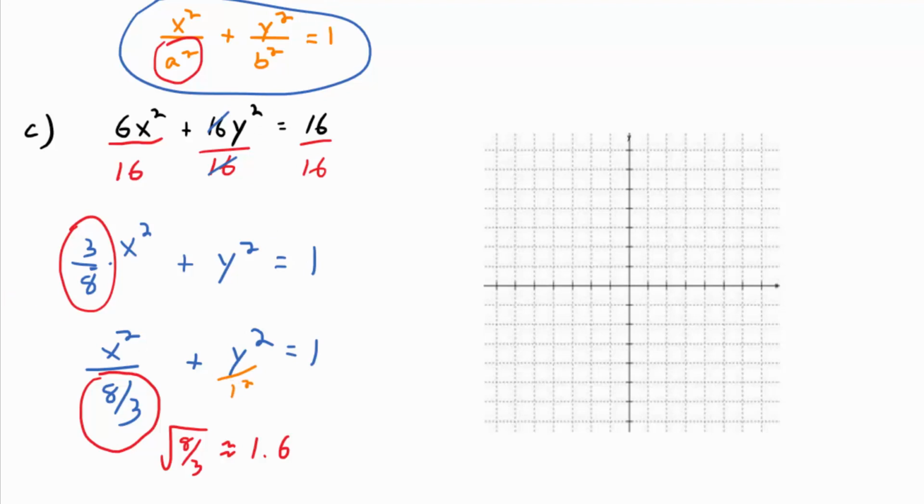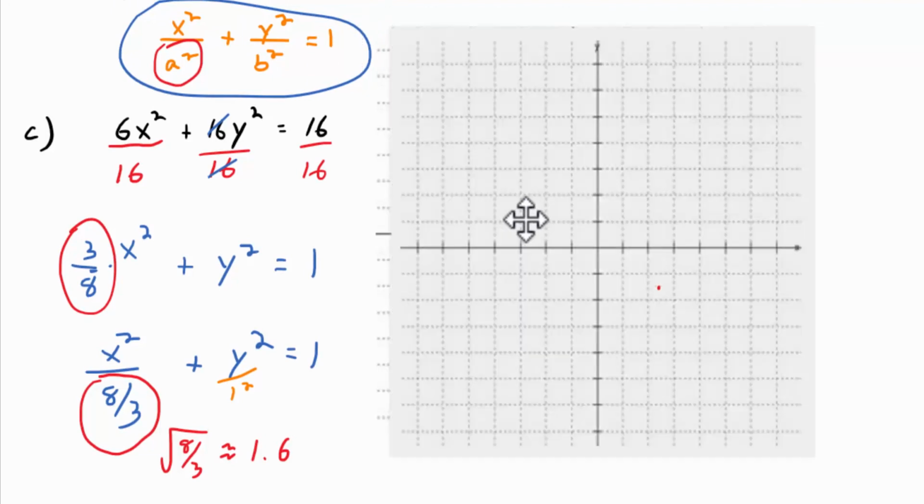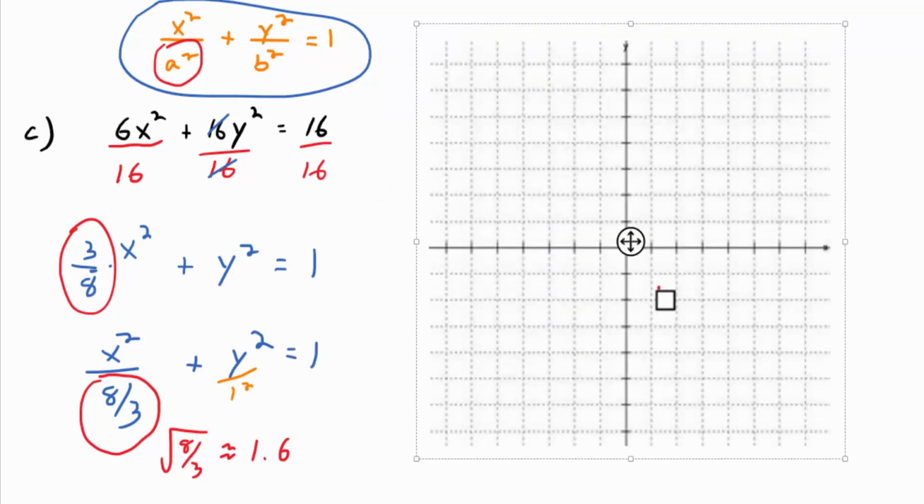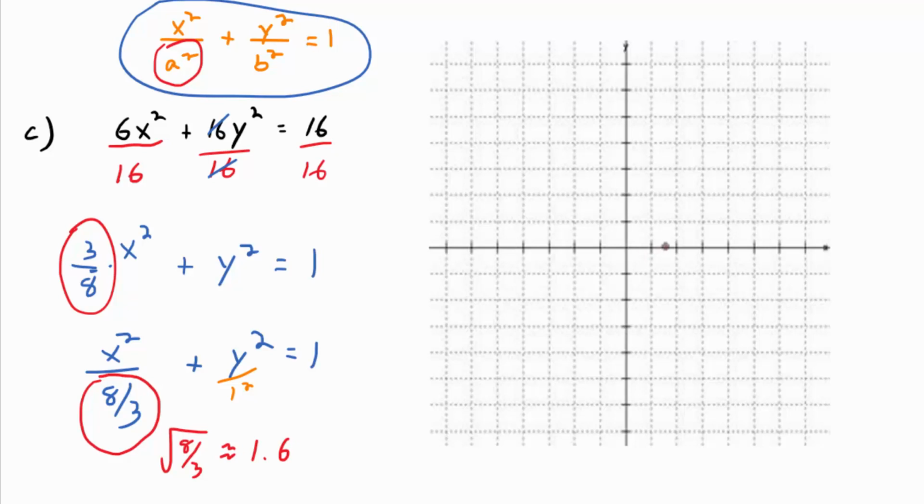So how far left and right do you go from the center? 1.6, so no, not very far. 1.6 right about there. I could either scale it differently or make the graph paper bigger. So I'm just going to make it bigger. So you're going to go left and right approximately 1.6, right?